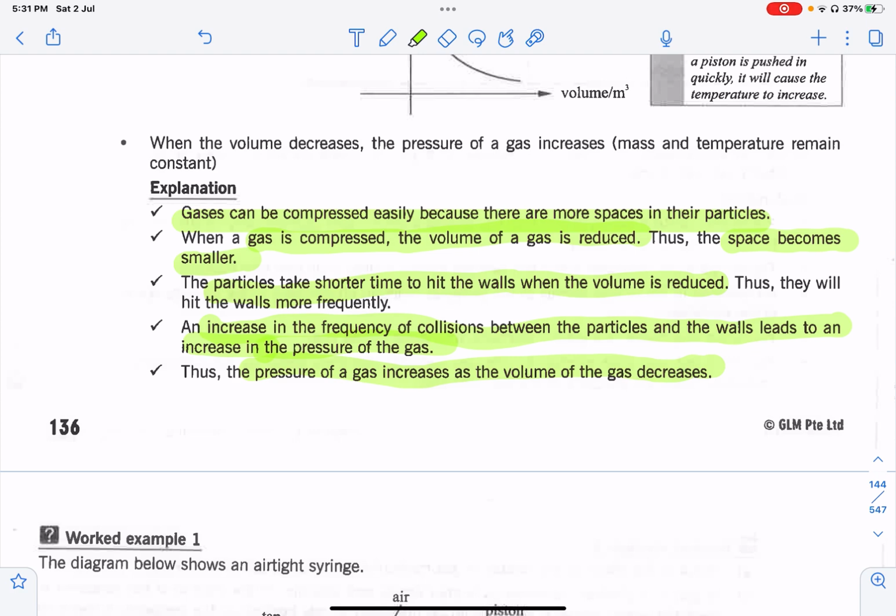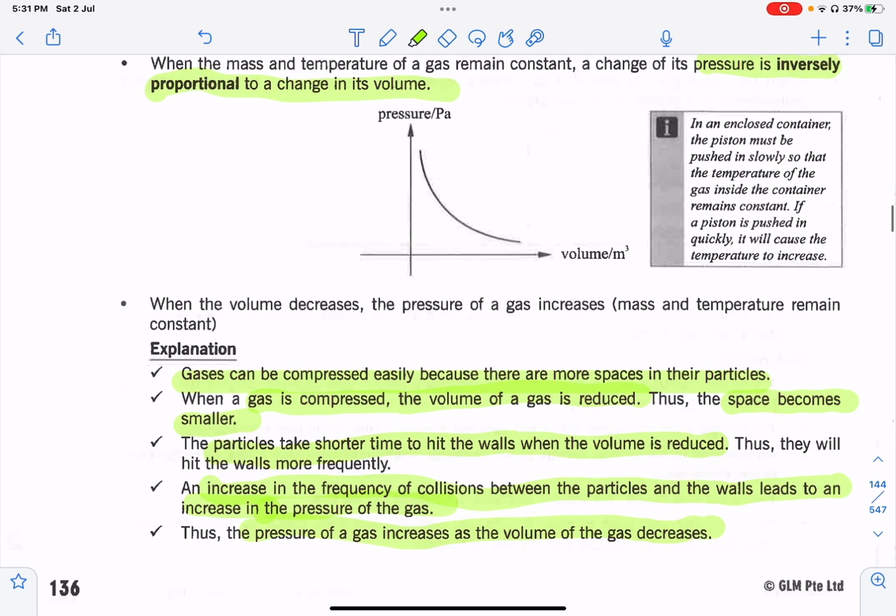When gases can be compressed easily, there is more space between the particles. When the volume is reduced, the particles take a shorter time to hit the wall, so there is a greater number of collisions. Therefore, in a nutshell, as the pressure of a gas increases, the volume of the gas will decrease.